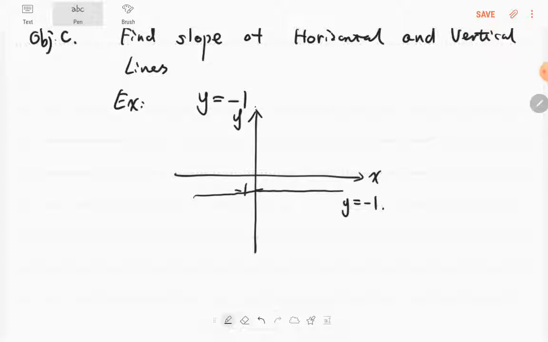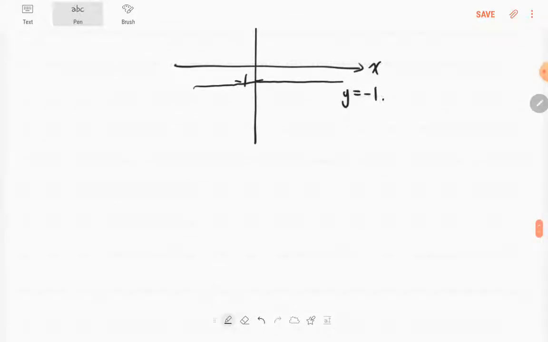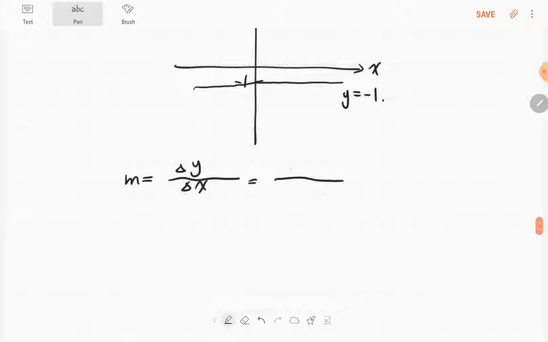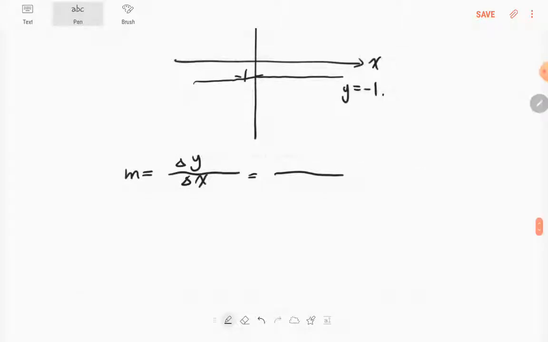It's a horizontal line. If this is a horizontal line, how can we get the slope? By the definition, delta y over delta x, which means change in y divided by change in x. For any point in this straight line, is there any change in y value? Of course not, because y is a fixed number. So delta y is always equal to 0.